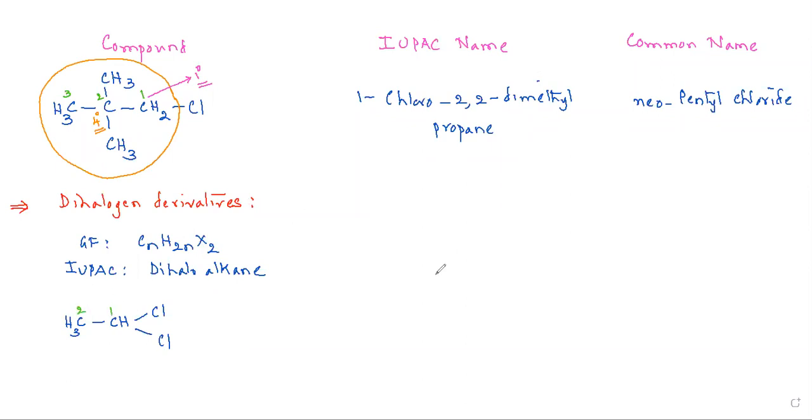See, the IUPAC name of this is 1,1-dichloroethane, right? And the common name is of course specific. Ethylidene chloride. Look at this. Ethylidene chloride.